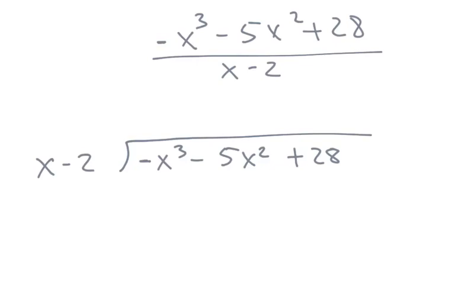Okay, so let's attack this. So again, what we do is we take the first 2 and we're going to divide those. I'm putting blinders on. I don't care about the negative 2 right now. Okay, and then we're going to distribute.